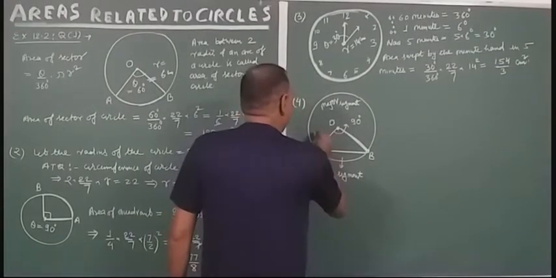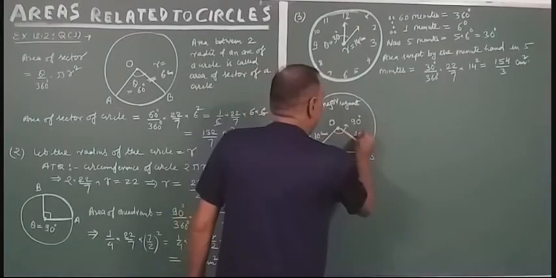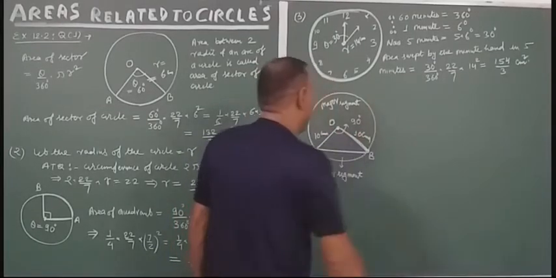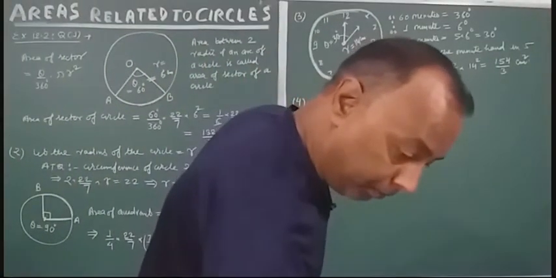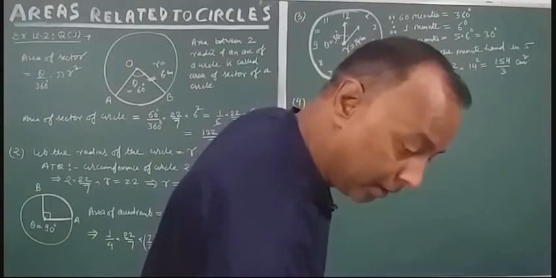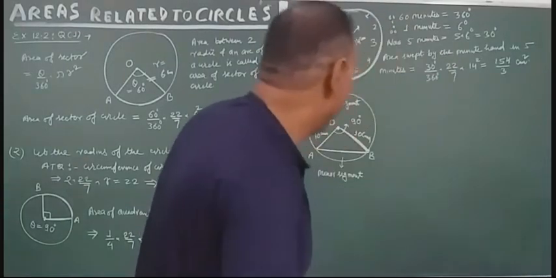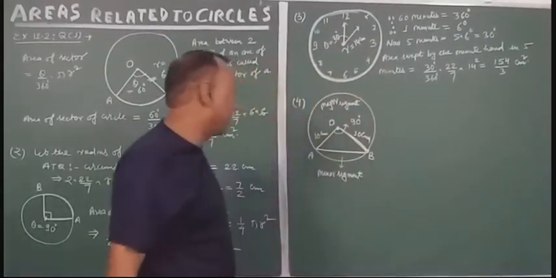This OA is given 10 centimeter and this OB is also given 10 centimeter. So we have to find the areas of these two segments. Now, just consider this triangle OAB.